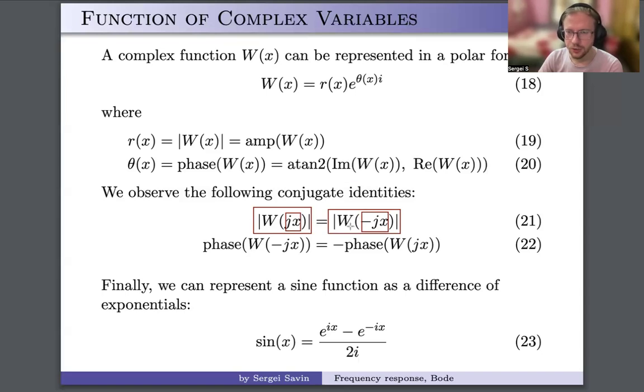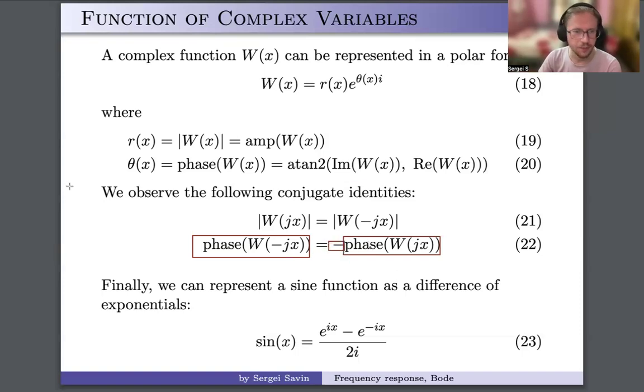So this transformation would not change your amplitude. On the other hand, this transformation will change your phase to the opposite. So your phase would change from positive to negative, or from negative to positive under this change. If you replace your variable from minus jx to jx, your phase would change sign. So, yeah. Factoid number two.